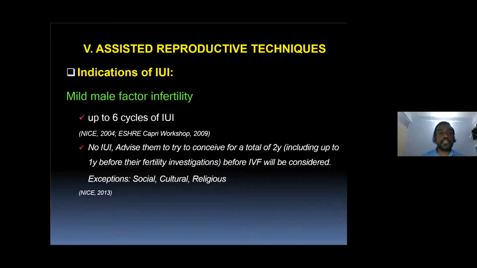That includes intrauterine insemination. And what they recommend is, say the patient is having mild male factor infertility, say you do not have azoospermia, but oligospermia, then initially the couple should try at least 6 cycles of IUI. If that fails, only then go for ICSI.